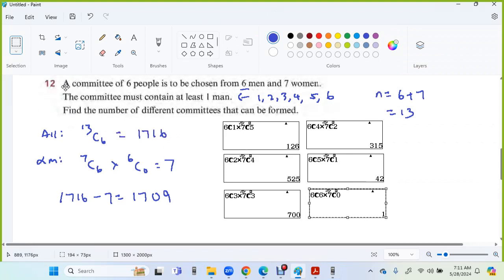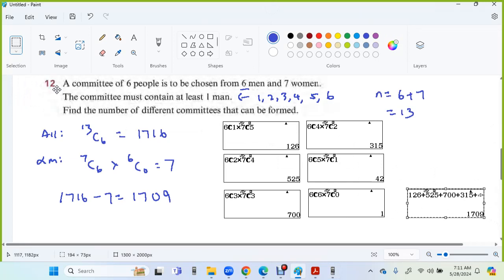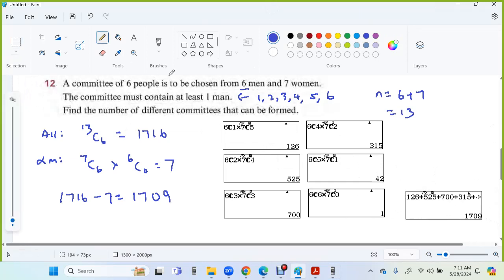So we add up all of this. So we have the 126 plus 525 plus 700 and the remaining cases. So we add up all together, then we have 1702. So this is complicated compared to the first method.